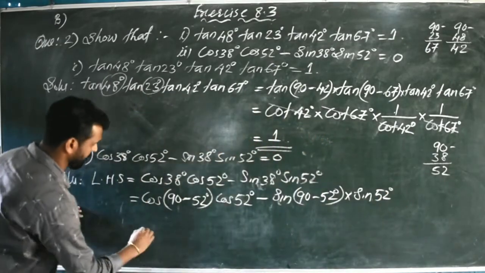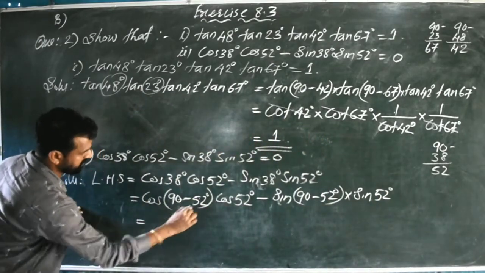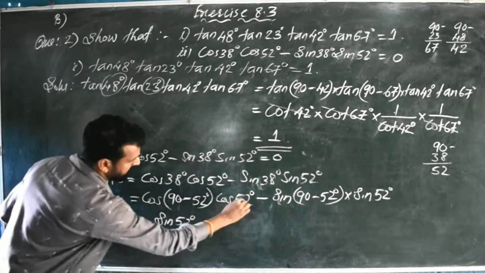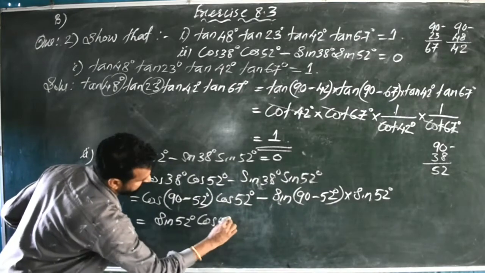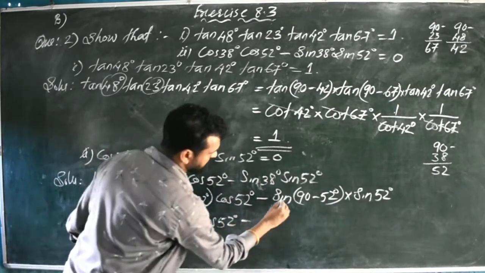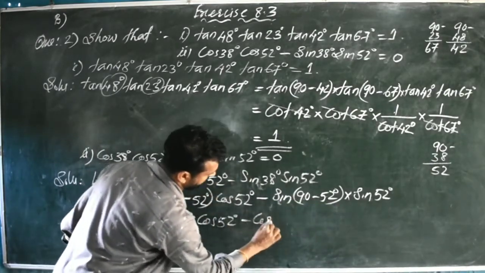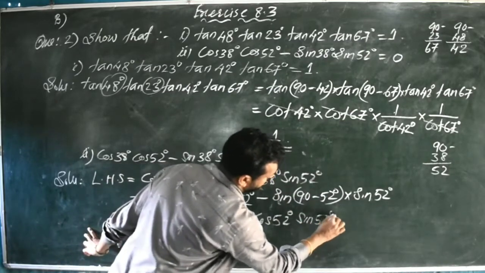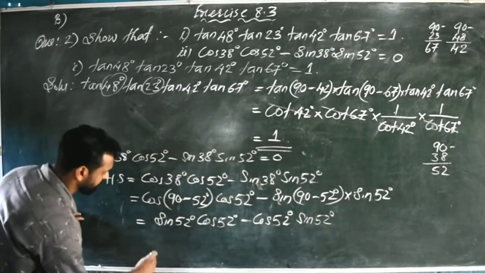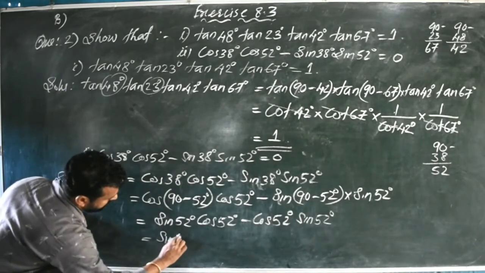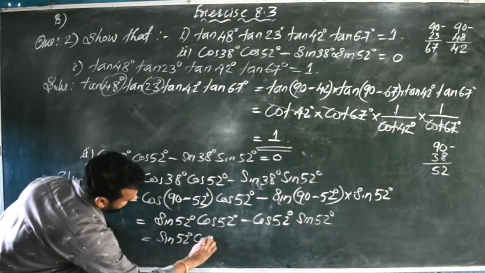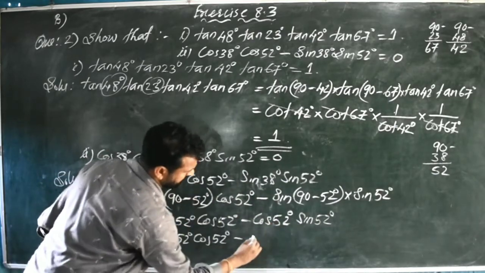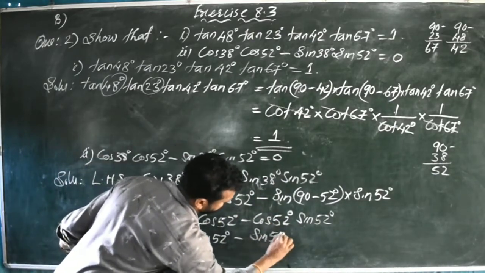Now use the formula, that is equal to cos (90 minus 52) is equal to sin 52° × cos 52° minus sin (90 minus 52), that is cos 52° × sin 52°, that is equal to sin 52° × cos 52° minus cos 52 × sin 52, that we can write sin 52 × cos 52 also.